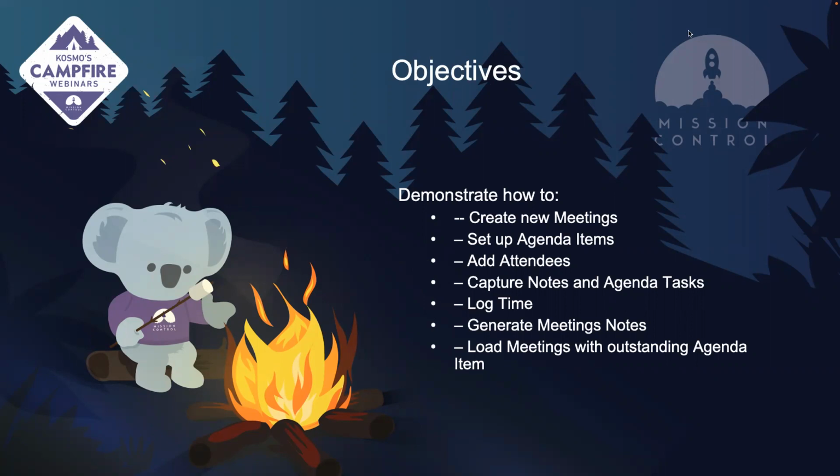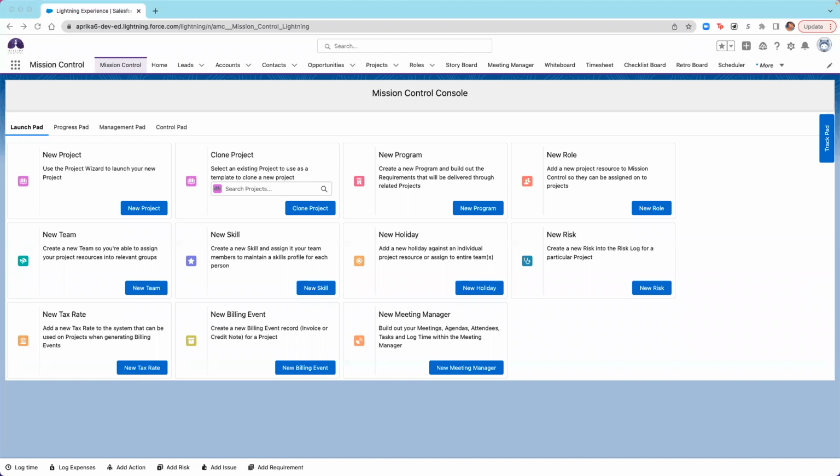So let's go ahead and take a look at the meeting manager. There's a few places that you can navigate to the meeting manager from. One being from the Launchpad. This is going to allow you to create a new meeting manager if you haven't had one existing, which is what we'll do in just a second.